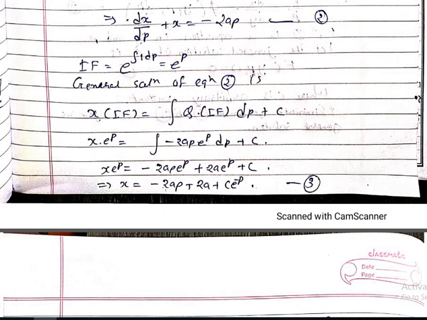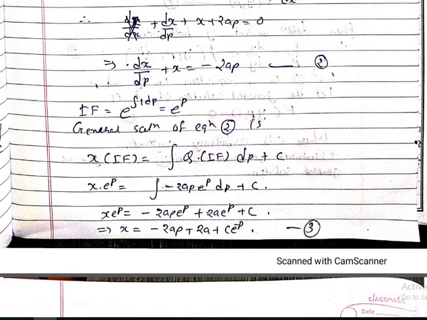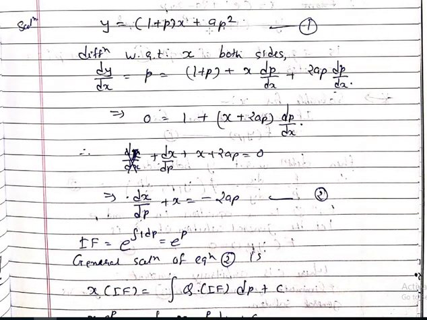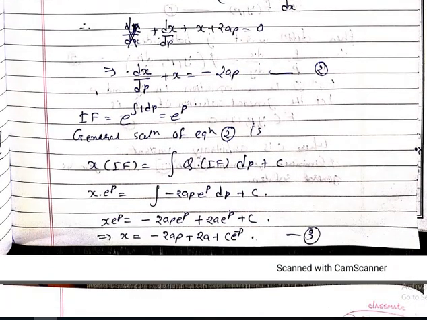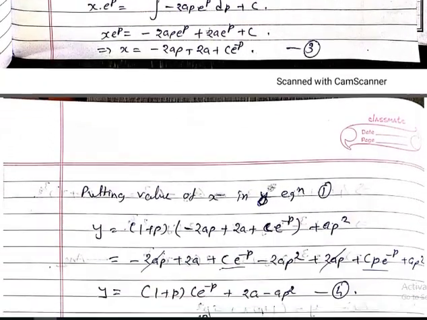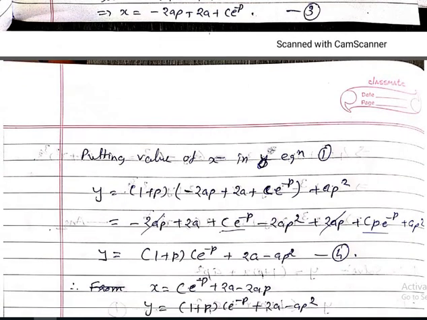Now see, from equation 3 and equation 1 we cannot eliminate p, so what we are going to do, I am going to put the value of x in equation 1, and that will give you y is equal to 1 plus p into minus 2ap plus 2a plus c e raised to minus p plus ap square.